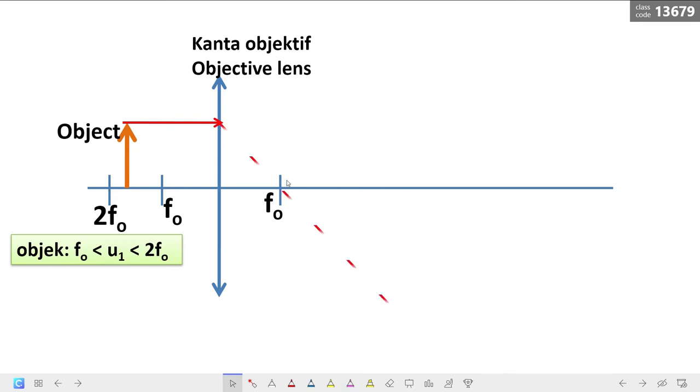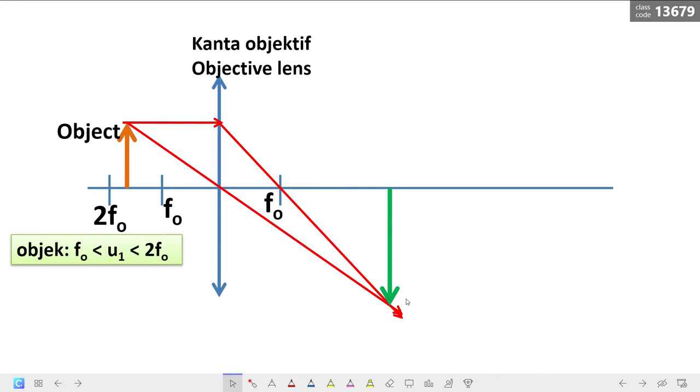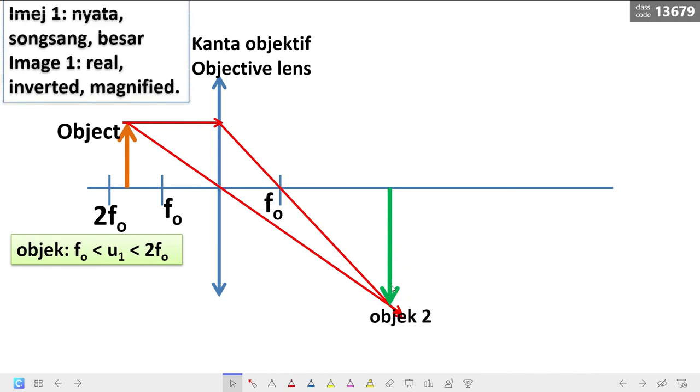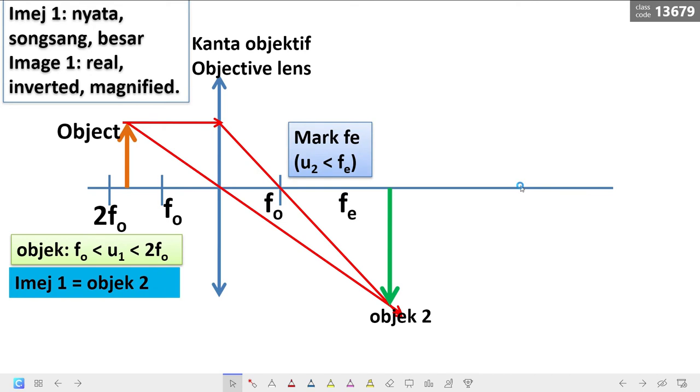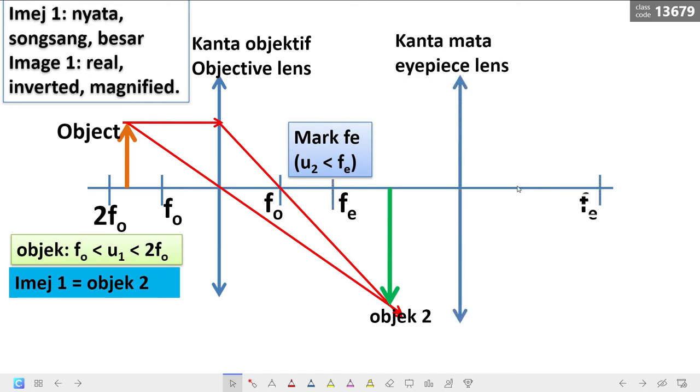Then it goes through the FO, and this one passes through the optical center, and you produce the first image. This image will become the object for the second lens. So this is the FE, and the object is smaller than FE.